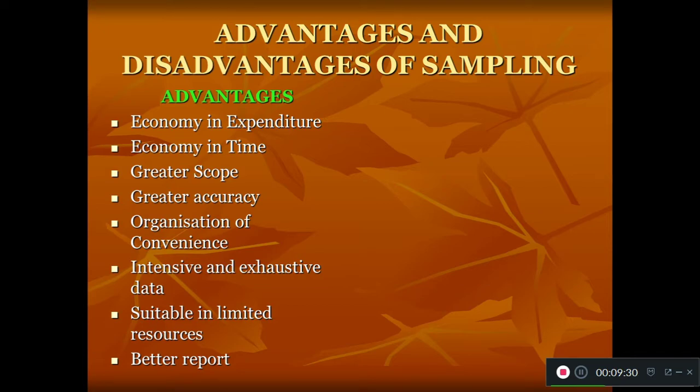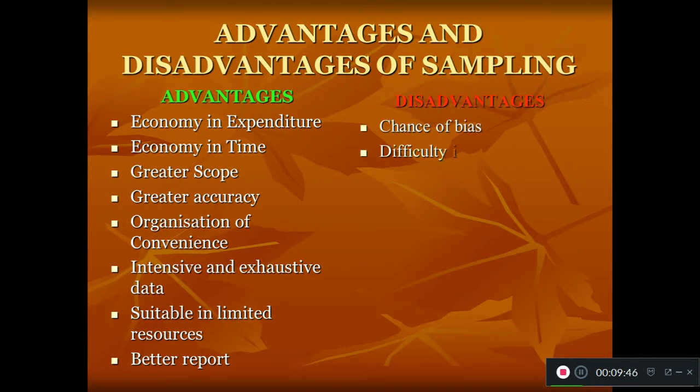Instead of doing the study for a whole population, when we have a good sample, our resources go towards that particular small sample only. So with a sample we can get a good report. These are the advantages of sampling.